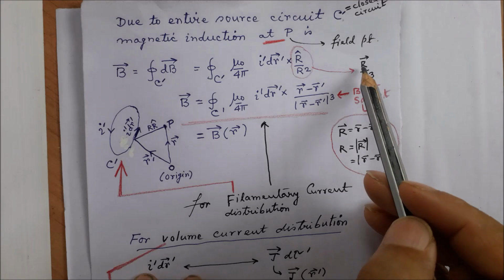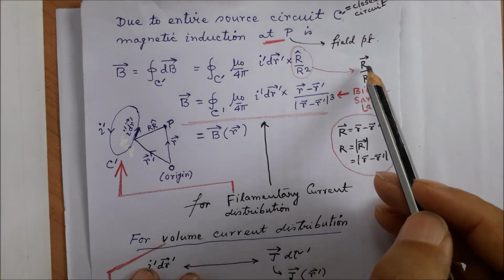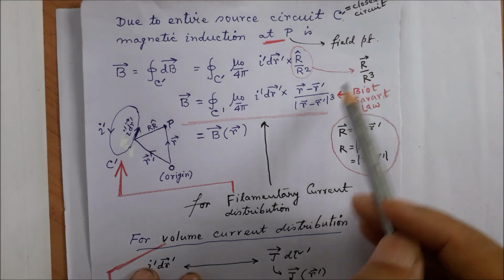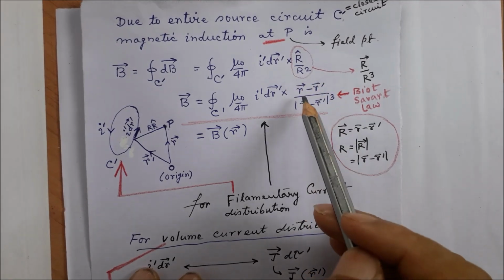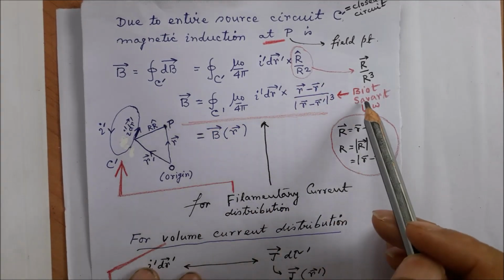And if we write it down explicitly, then we end up with this factor. So this is Biot-Savart's law.